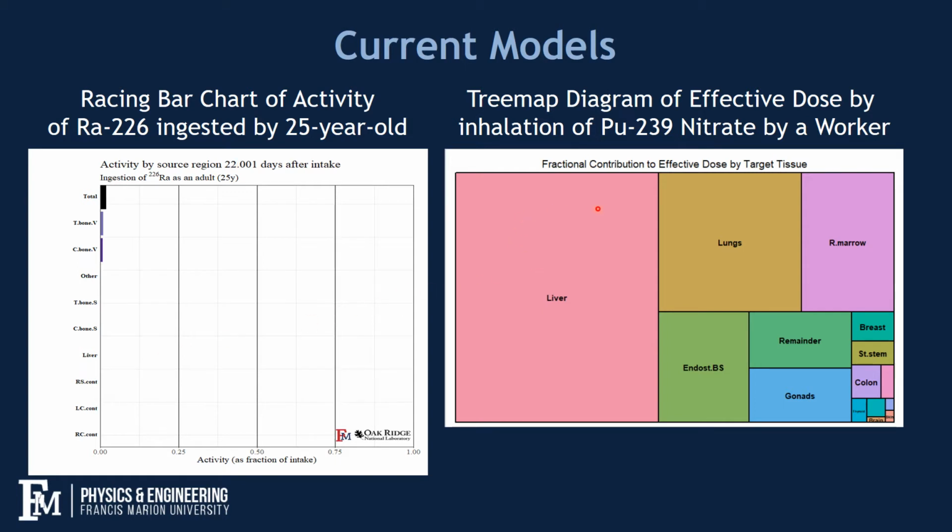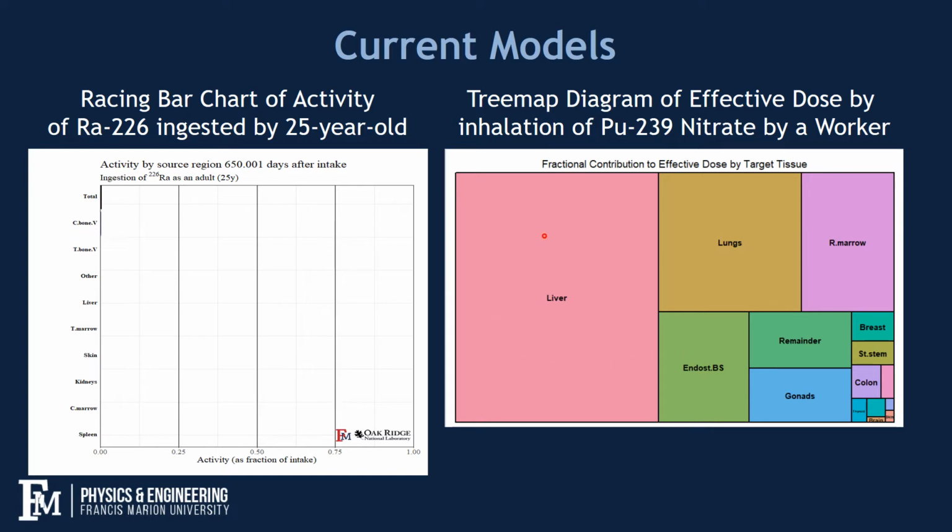Even less helpful, I guess, is the tree map diagram here, which gives us an idea of what inhaled plutonium-239 nitrate by a worker is going to most affect, which, as we can see, is the liver, lungs, marrow, and so on and so forth.